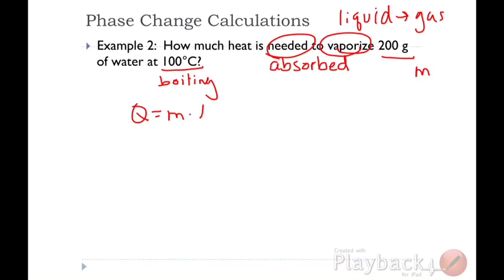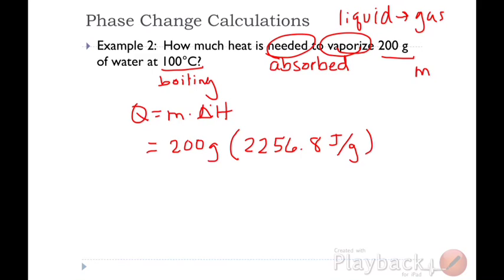So we just write down our equation, and we start filling it in. Our mass is 200 grams. Our heat of vaporization is 2,256.8 joules per gram. We multiply that, and we get 451,360 joules.